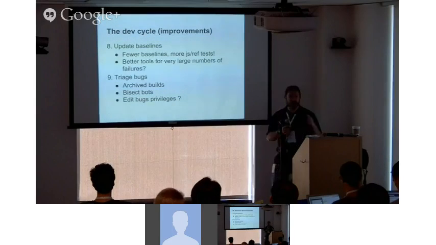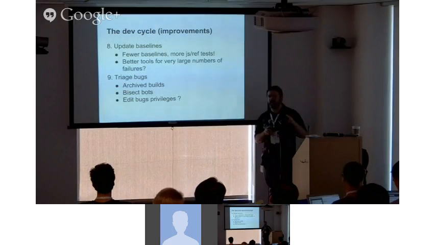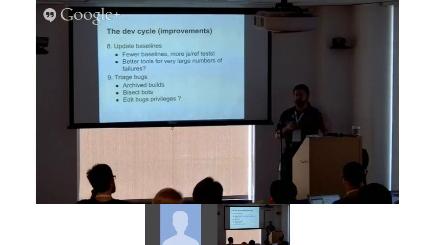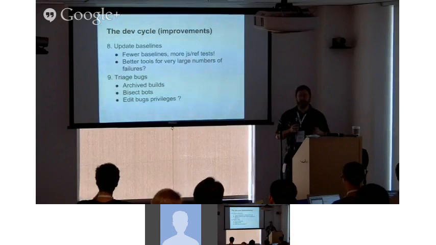How many people, besides me, have had to deal with rebaselining lots of failures at a time? Few people, right? I've had to deal with bringing up new ports, where literally you have 6,000 pixel tests that you have to rebaseline. The tools aren't great for that. The auto rebaseline bot is going to kind of choke at that.